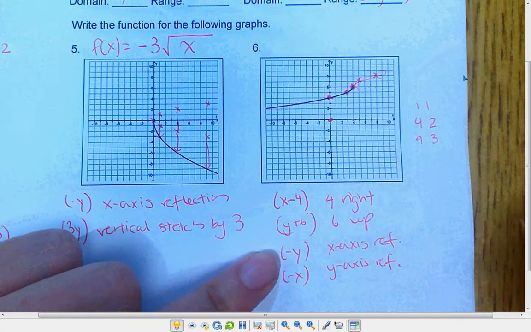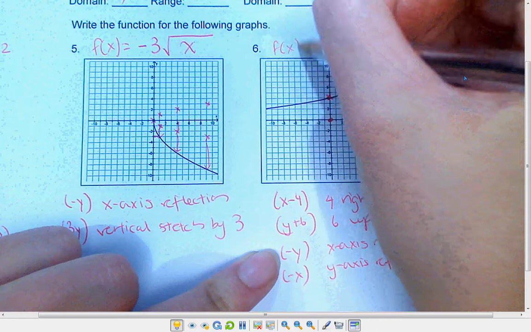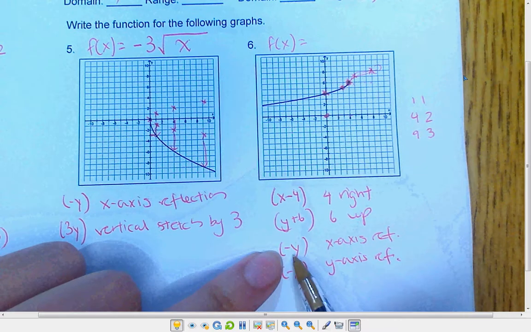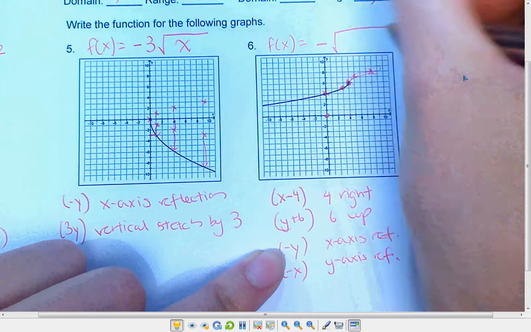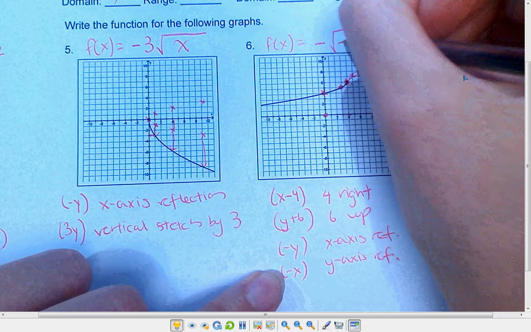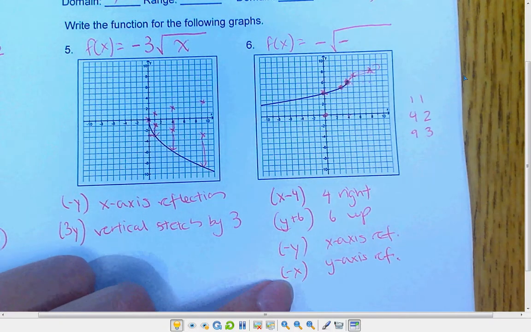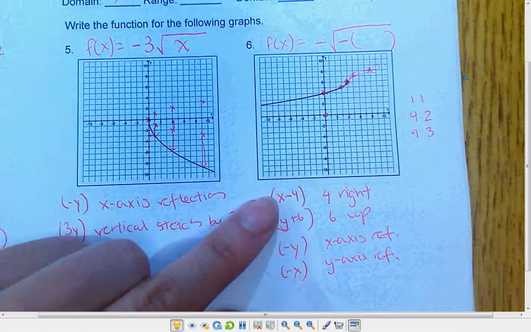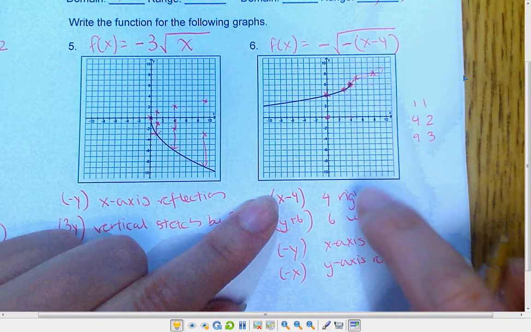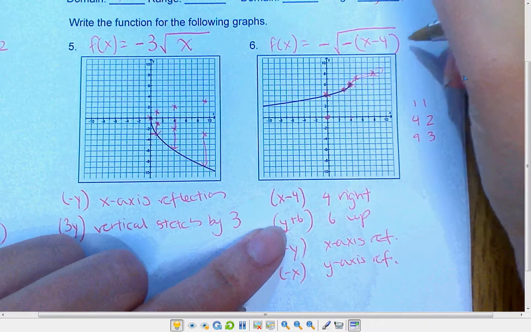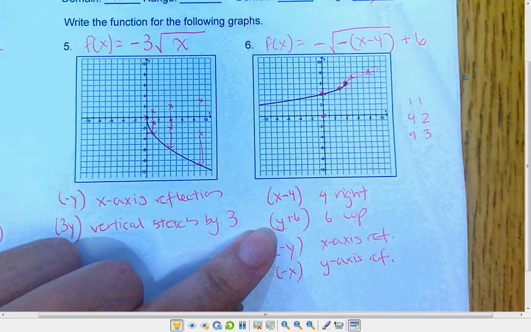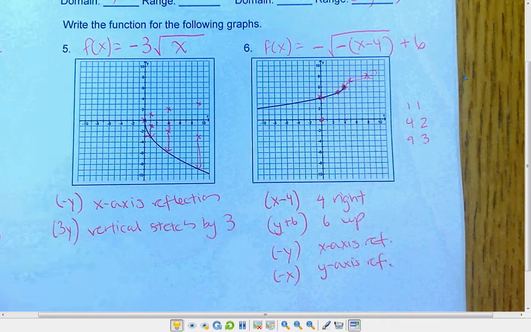So this is what we were working with. So f of x equals, y's are on the outside, so there's a negative outside of our square root. Negative inside of our square root as well, because the x's have also become negative. X minus 4, since it's moving 4 to the right, and then a plus 6 is on the outside because that's our y's. This is my function right there, number 6.